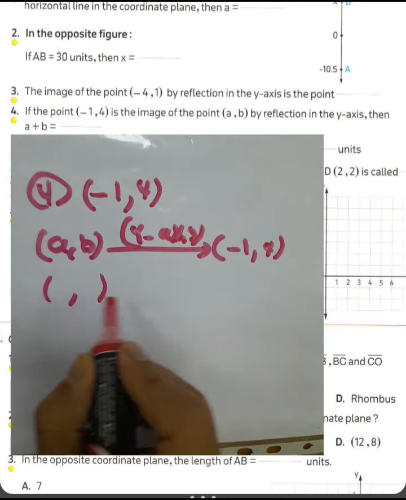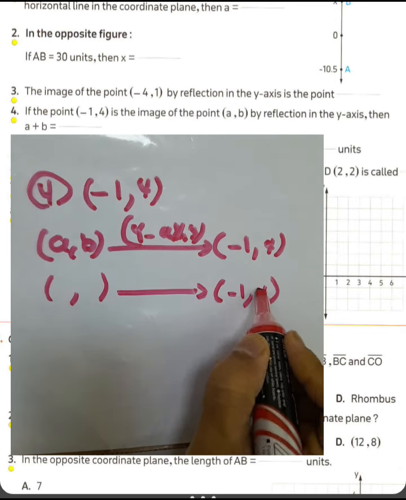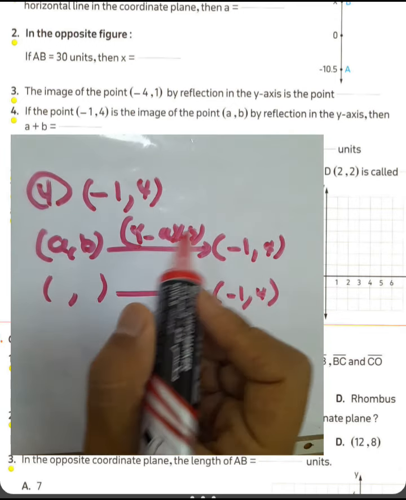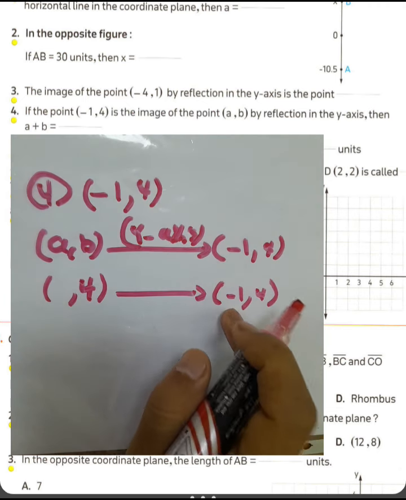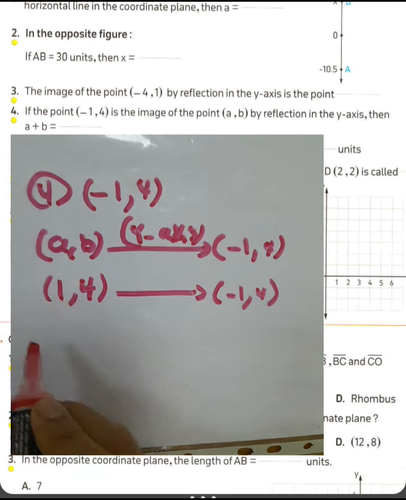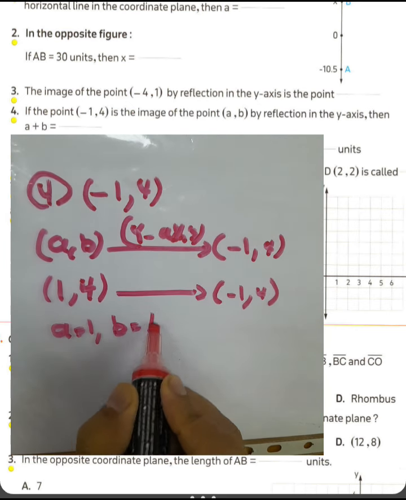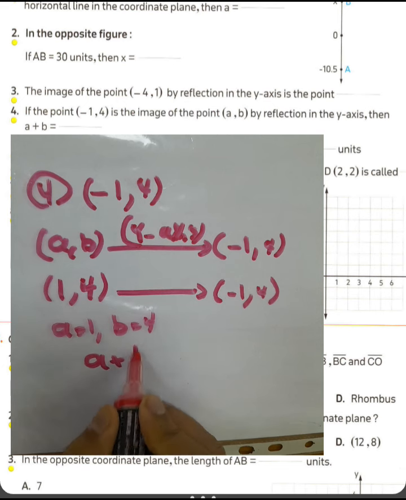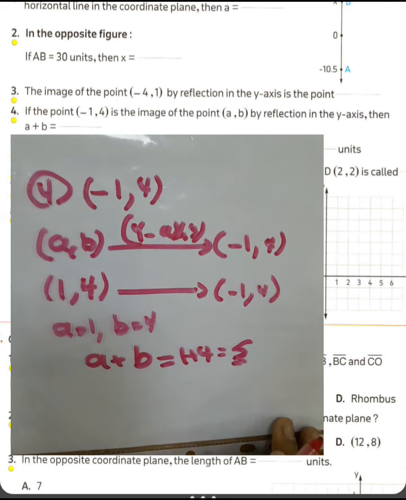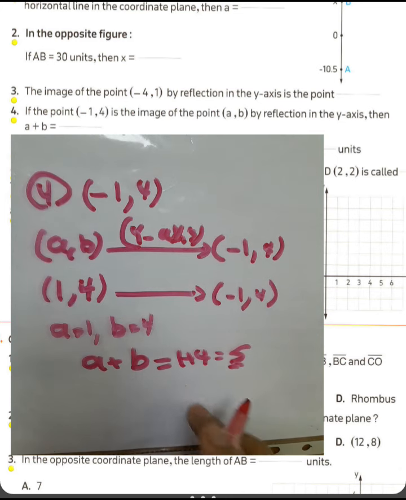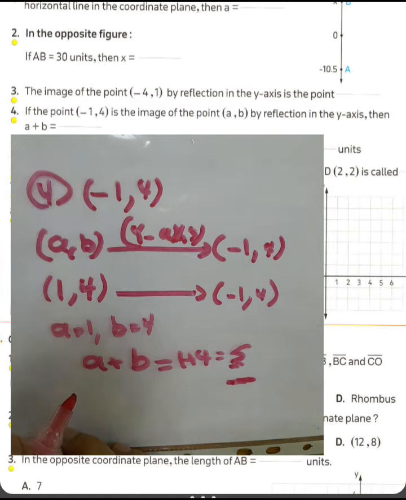We have the image (negative 1, 4). Reflection about the y-axis means keep y and change the sign of negative 1, which becomes 1. Then the value of A will be 1 and the value of B equals 4. Then A plus B is 1 plus 4, which will be 5. The result will be 5 for question number 4.